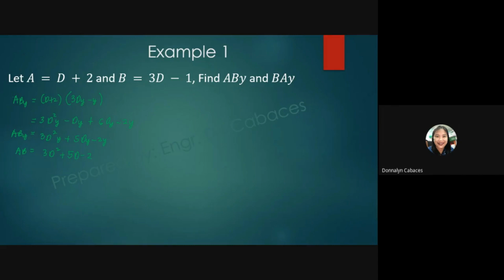Now we go to evaluating your BAy. So you have to apply A to y. So your B is 3D minus 1, and now your Ay is Dy plus 2y. You now have 3 times the derivative of Dy, which is 3 times the second derivative of y, plus 6 times the derivative of y, minus Dy, minus 2y.